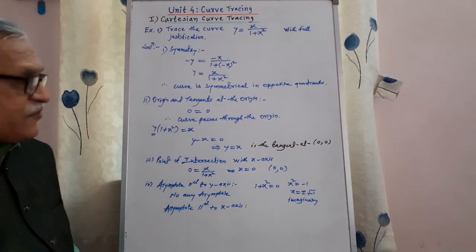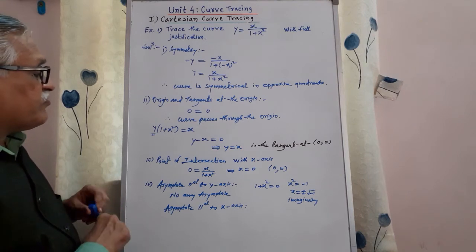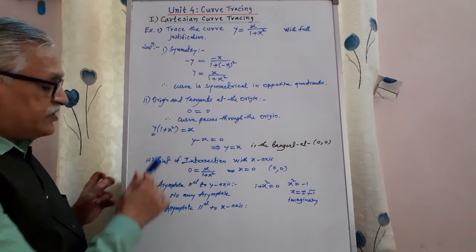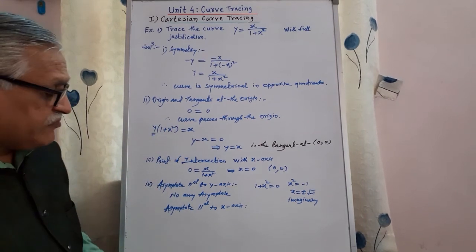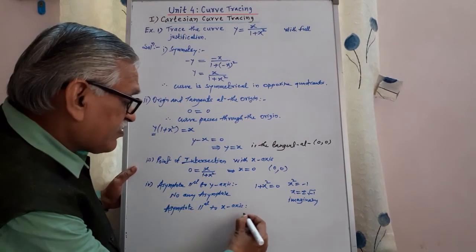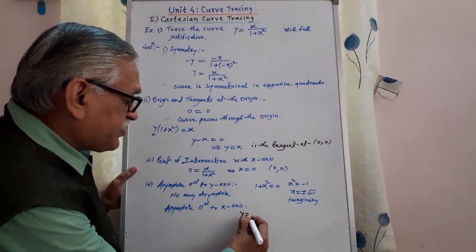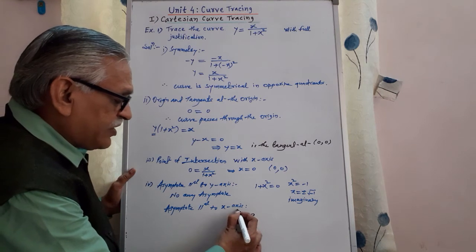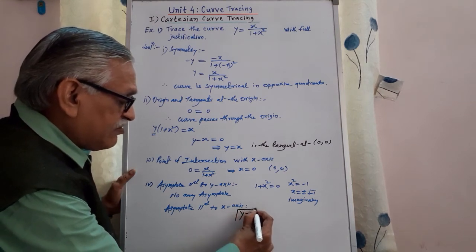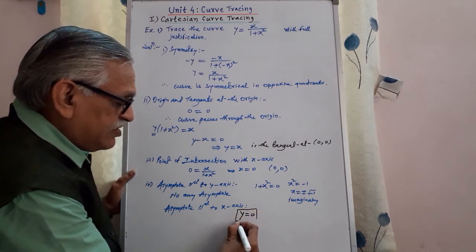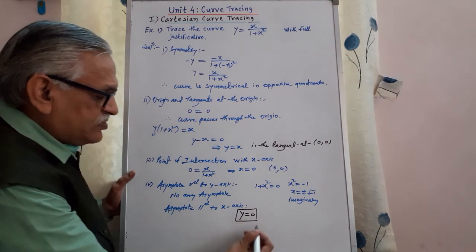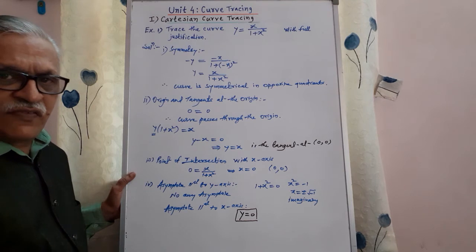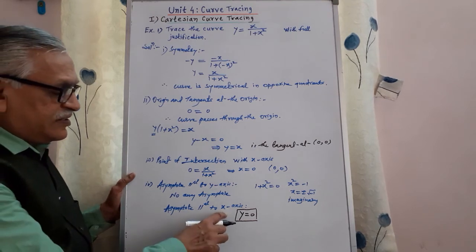Then we check for asymptote parallel to x-axis. For that, find the highest degree term in x. Highest degree term in x is x square. Its coefficient is y. Then equate that coefficient to 0. Therefore, y equals to 0 means x-axis is the asymptote parallel to x-axis, or x-axis itself is the asymptote.